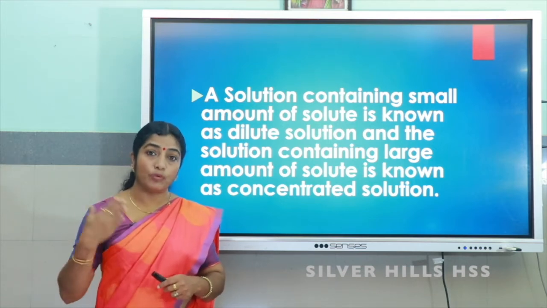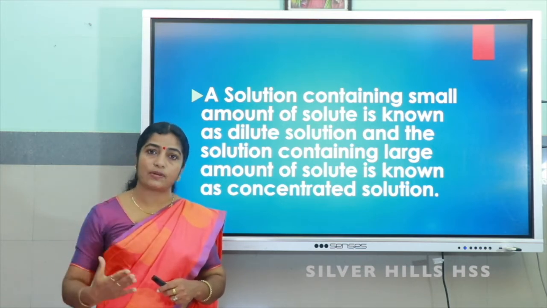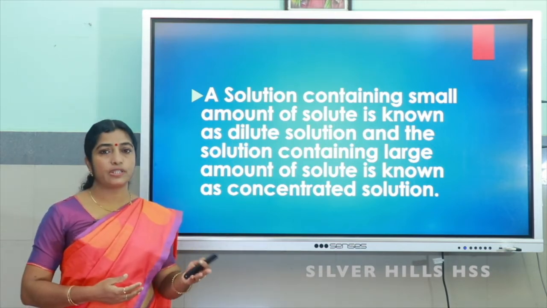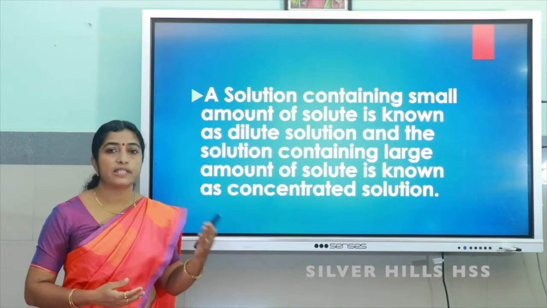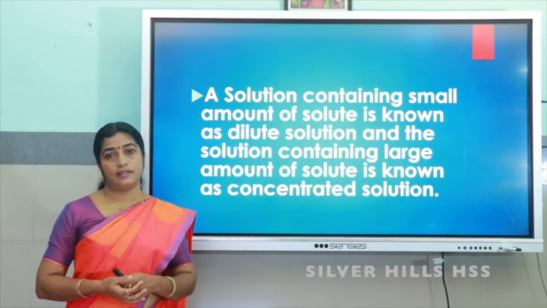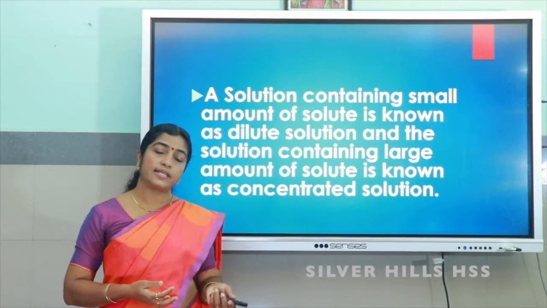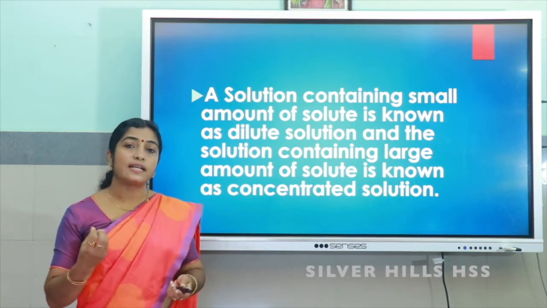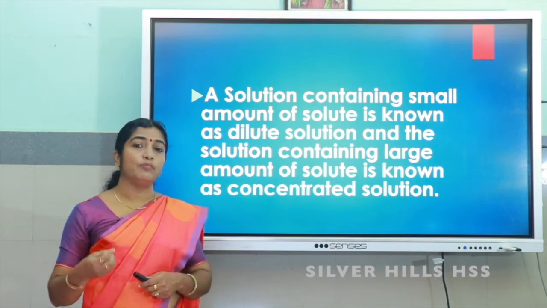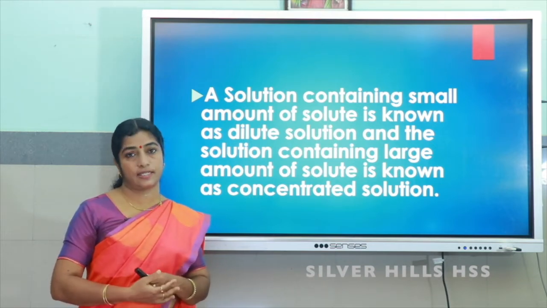If we add more salt, the excess salt will remain in the beaker. The solution which is attaining before saturation is known as unsaturated solution. Dilute solutions, concentrated solutions are unsaturated solutions. In an unsaturated solution, more solute can be added.